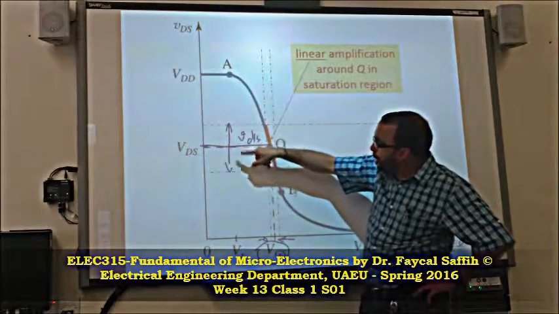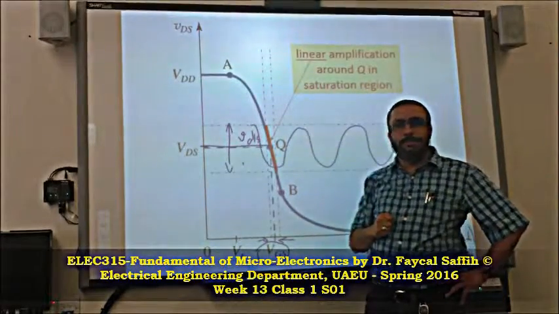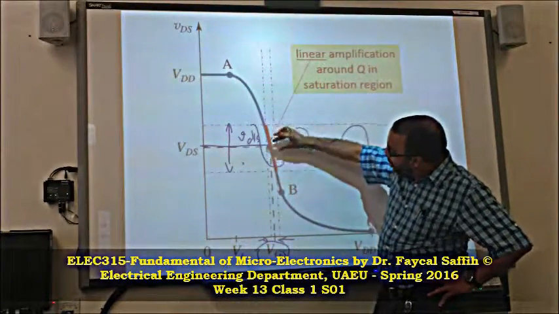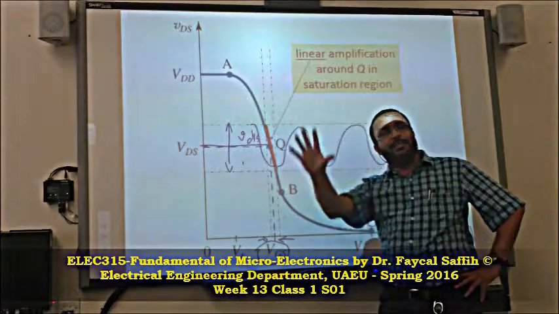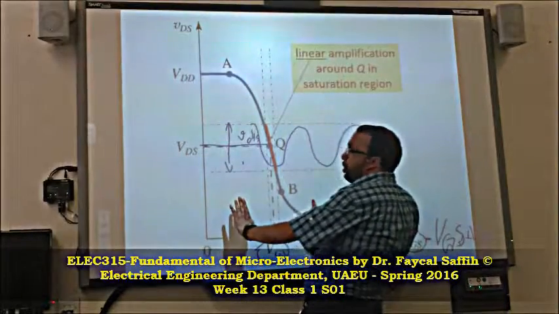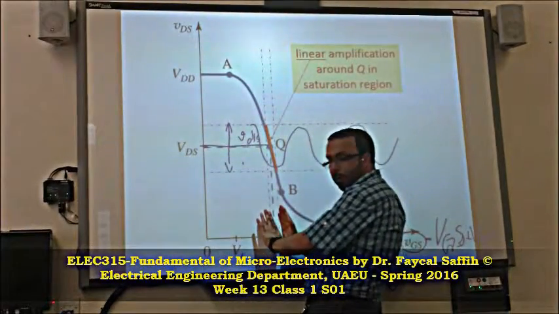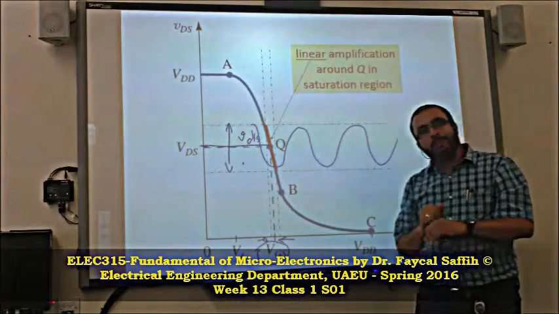So my output will change like this. And it's linear, because when it's a very small segment, this will look like a very good line. So instead of taking the whole non-linear range, we can take a small range, and it will be linearized.